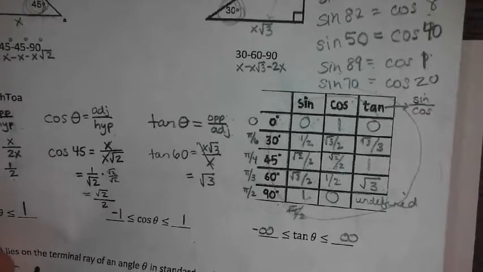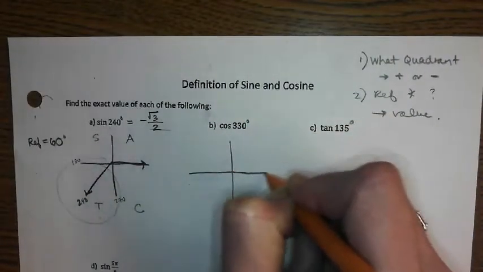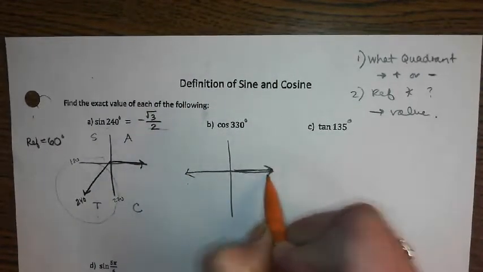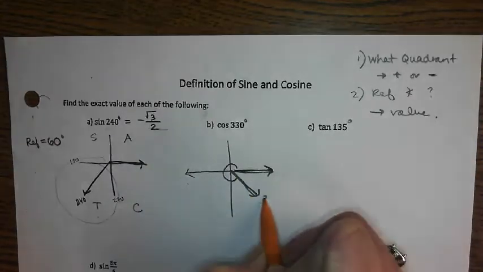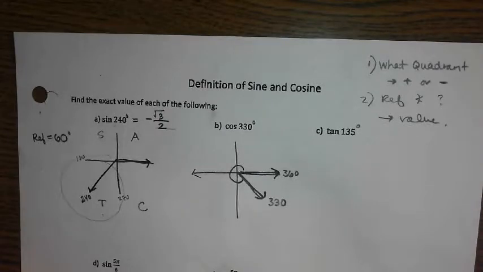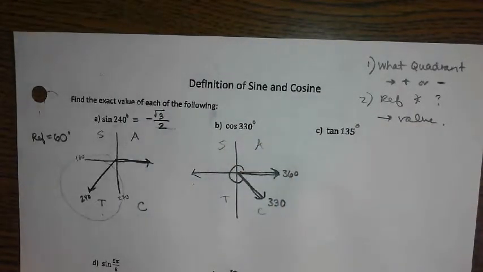Okie doke? So, 330, what quadrant? 4. So there's 0. We open all the way up to 4. That's 330 to 360. So, positive or negative? Take a minute to think about that yourself.